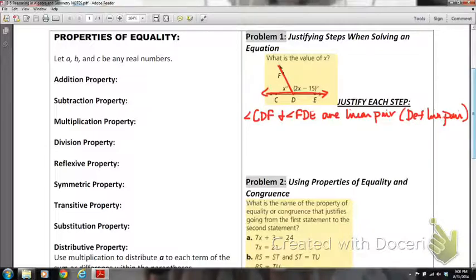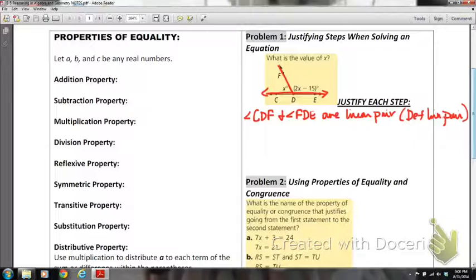So now what leads me to the next step? I have to make another statement based on the statement that I just made. I just said that they're a linear pair. So what do you know about a linear pair? Well, according to the linear pair postulate, linear pairs are supplementary, and so they have to add to be 180.